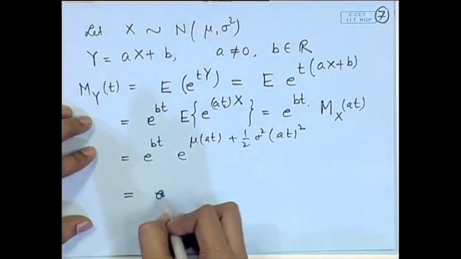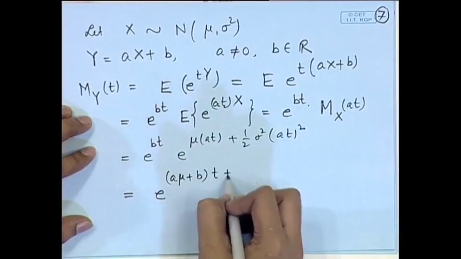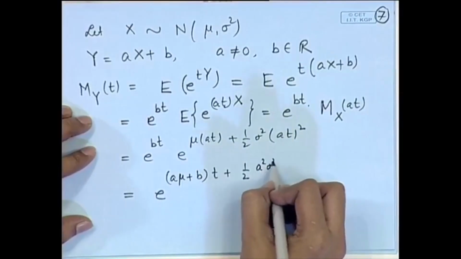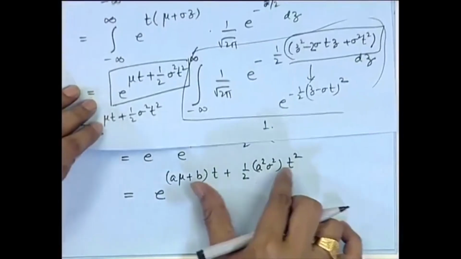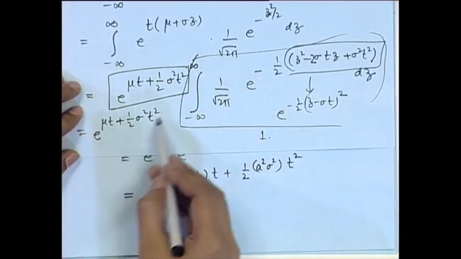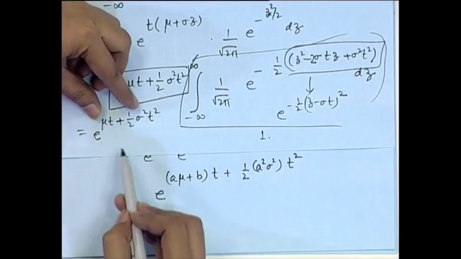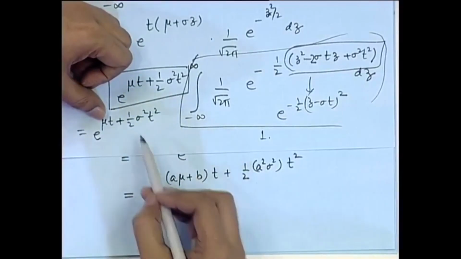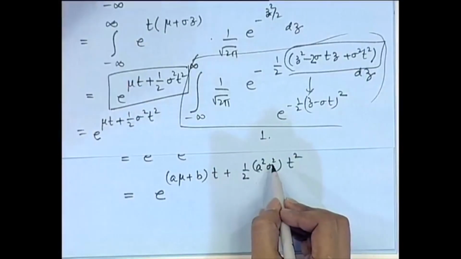So, we can adjust the terms: a mu plus b t plus half a square sigma square t square. If we compare this term with the moment generating function of a normal distribution with parameters mu and sigma square, then we observe here that mu is replaced by a mu plus b and sigma square is replaced by a square sigma square.